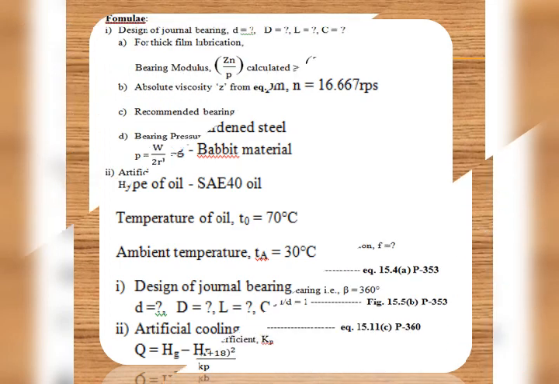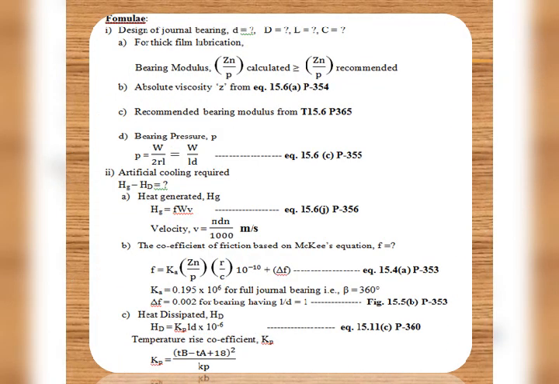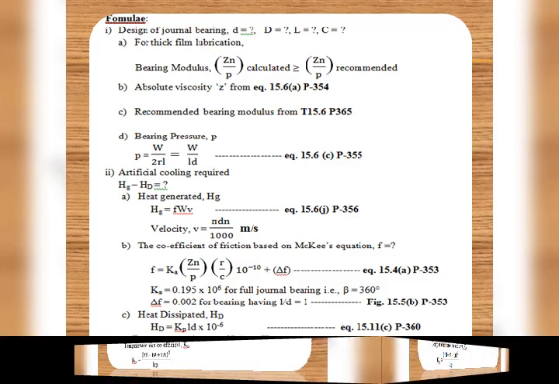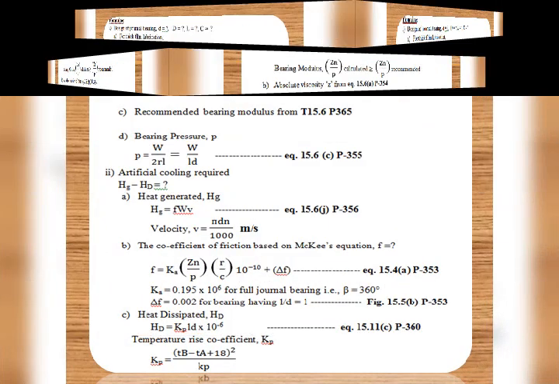Now we must list out the given data for this particular problem. So first unknown is the design of journal bearing and second unknown is artificial cooling required. So first unknown, design of journal bearing: d, in that we need to find diameter of the journal, small letter d, capital letter D is nothing but diameter of the bearing, L is nothing but length of the bearing, and C is nothing but clearance.